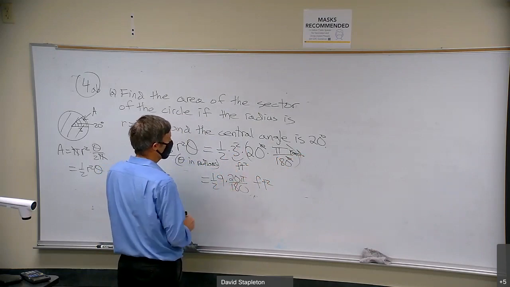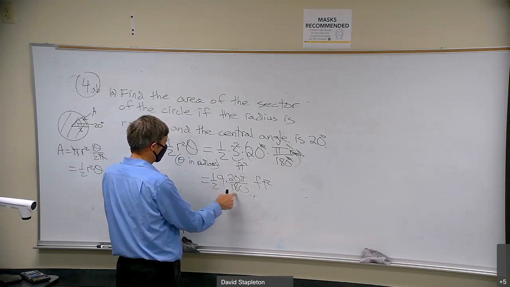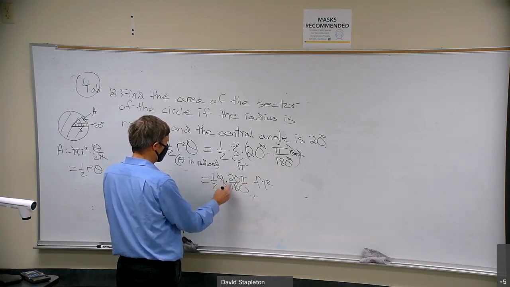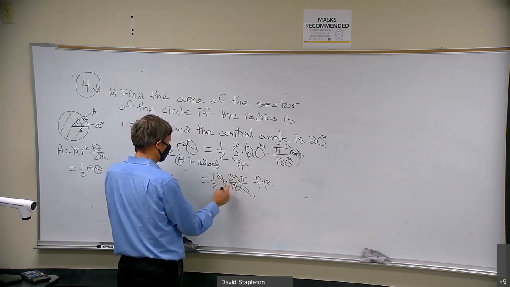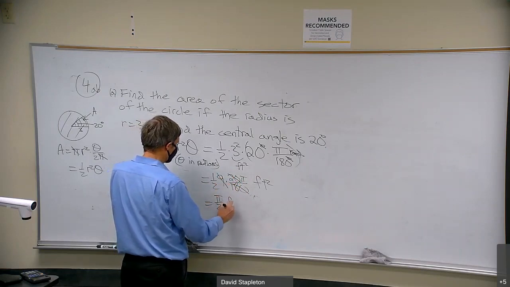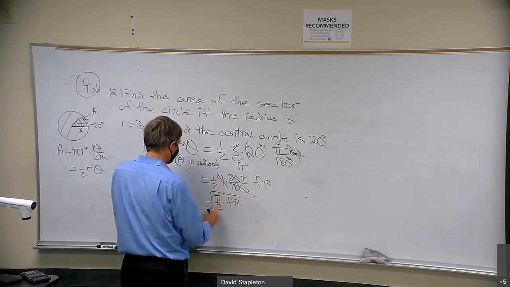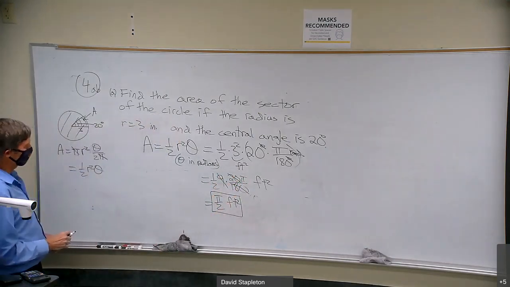That's what I've got left. Oh, wait a minute, 20 over 180 is 1/9. Multiplied by 9, these cancel, right? 1/9 and 9. And so I just got pi over 2 square feet. How about that?